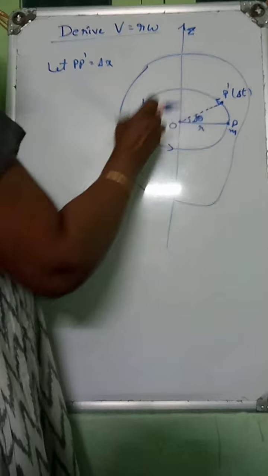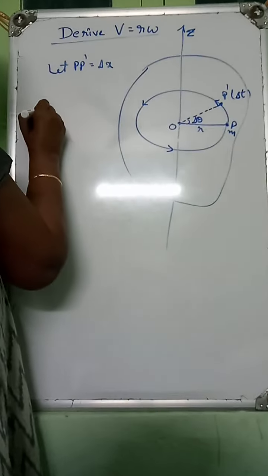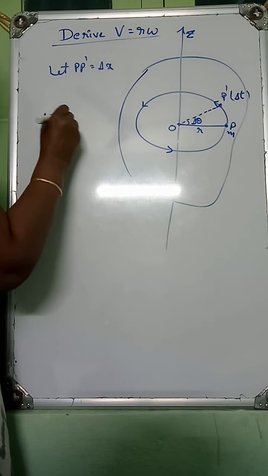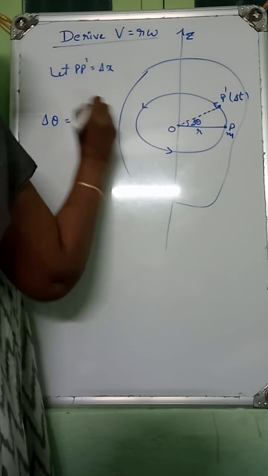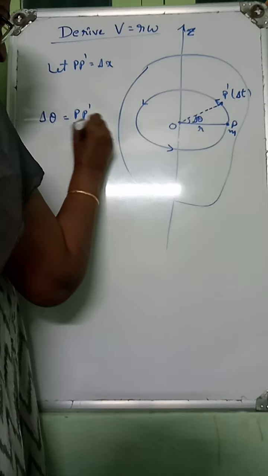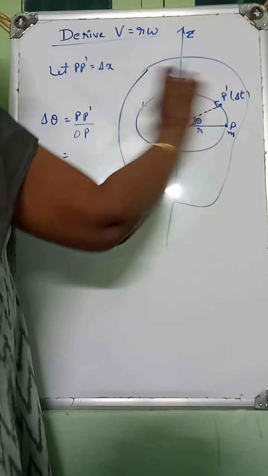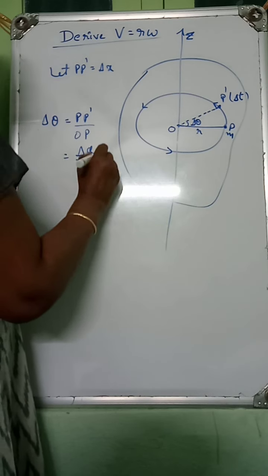Delta theta. From the properties of circles, we know that the angle subtended at the center, delta theta, is equal to the length of the arc PP dash divided by the radius OP. What is the length of the arc? Let it be delta x. What is OP?